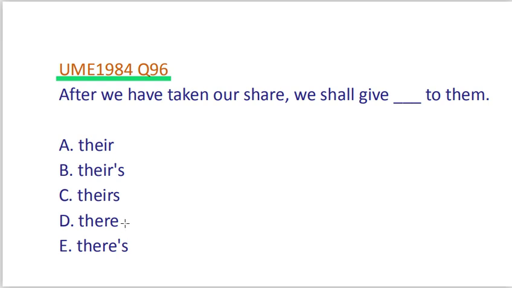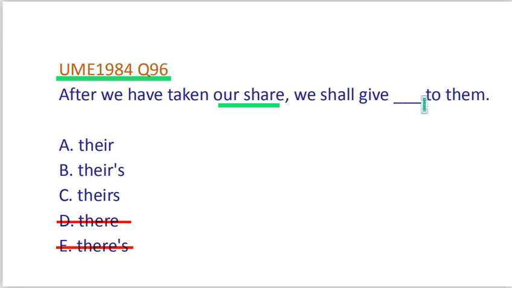In this case, we differentiated between their and there. We use there for places. And since we are not talking about places here, options D and E are wrong. Now we have options A, B, C. Look at the sentence. After we have taken our share, the noun is the share. In the second clause, we shall give dash to them, the noun share is not there.